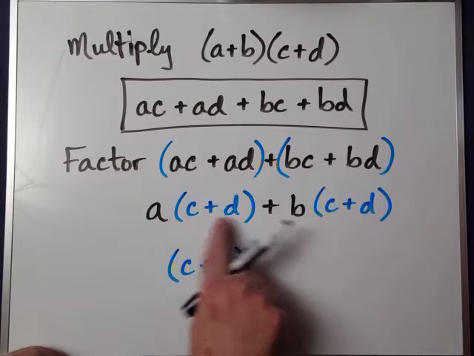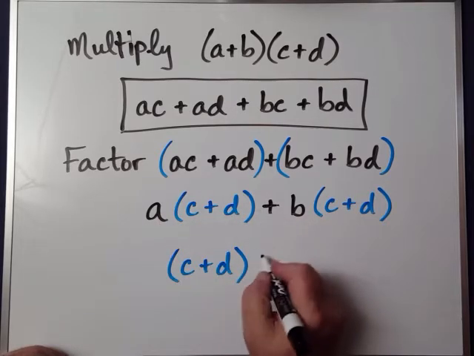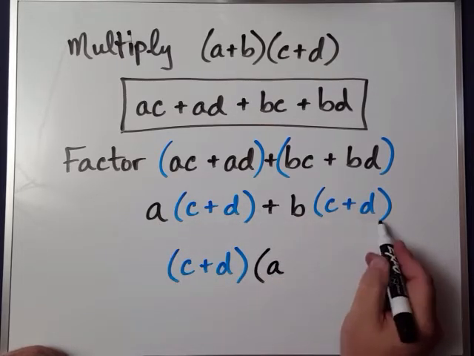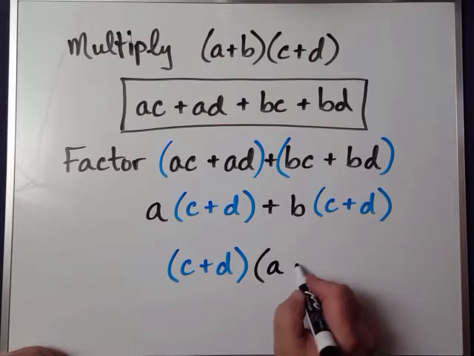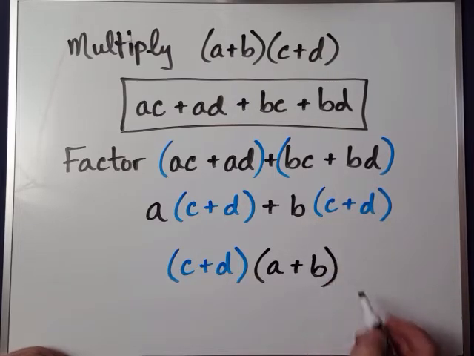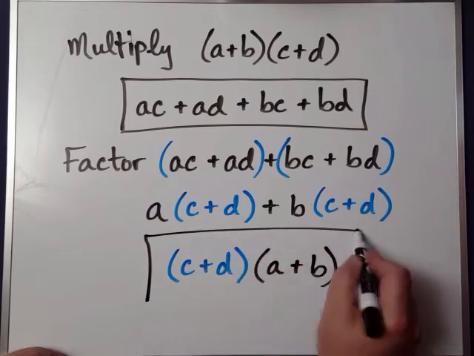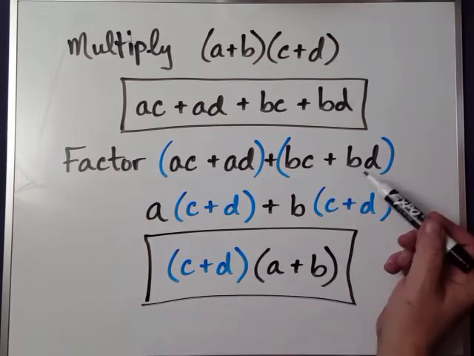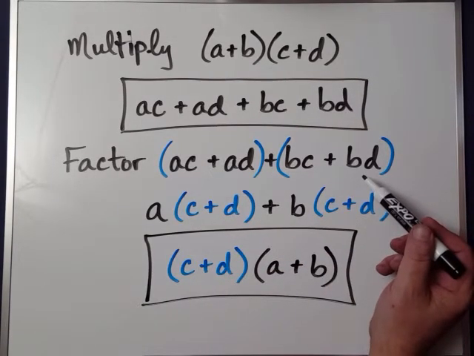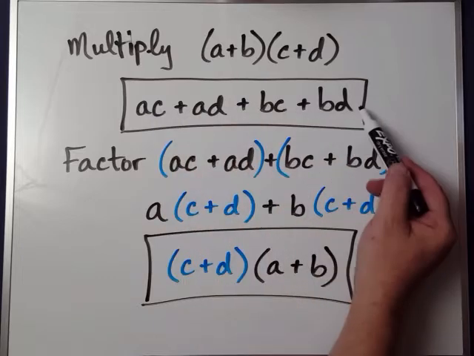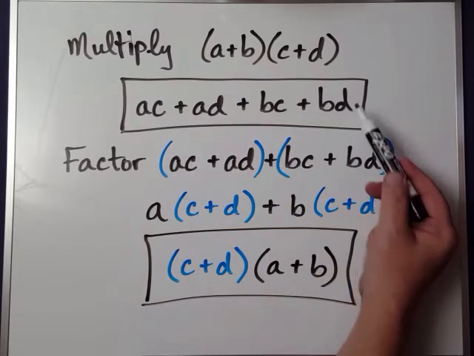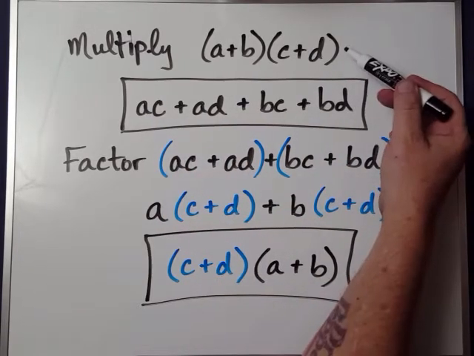Take the C plus D out of this first term, leaves the A. Take the C plus D out of the second term, it leaves plus that B. And this is factored. Look, we've returned from the answer to a multiplication problem back to the original multiplication.